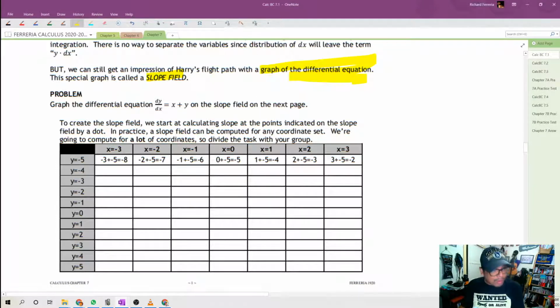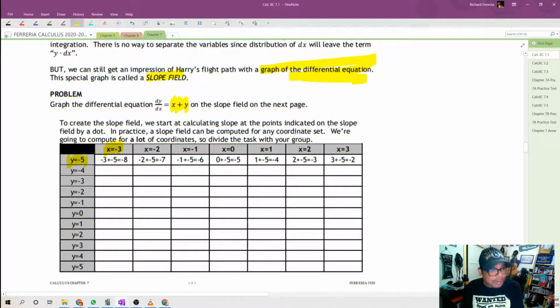So I've created a chart here with all the x coordinates and y coordinates that we're going to consider. So over here, for example, we have x equals -3 and y equals -5. If the differential equation is x plus y, then -3 plus -5 is -8.